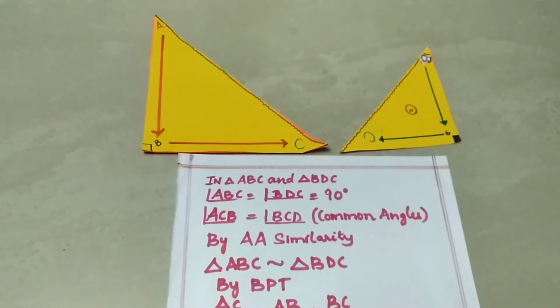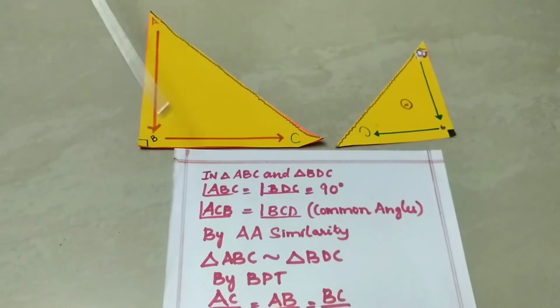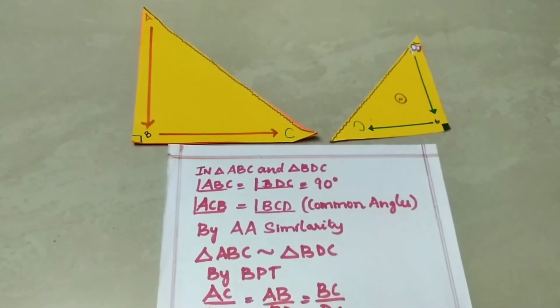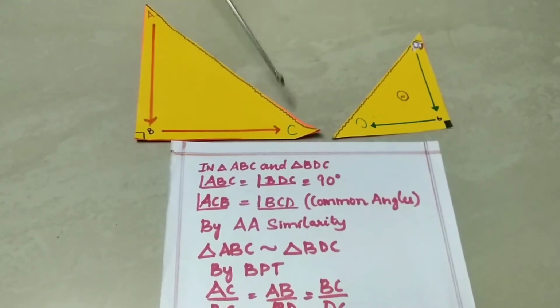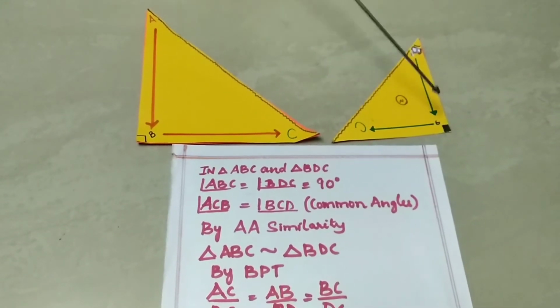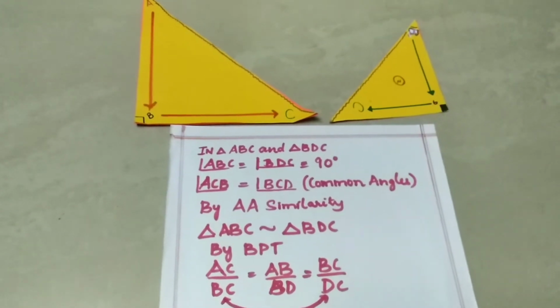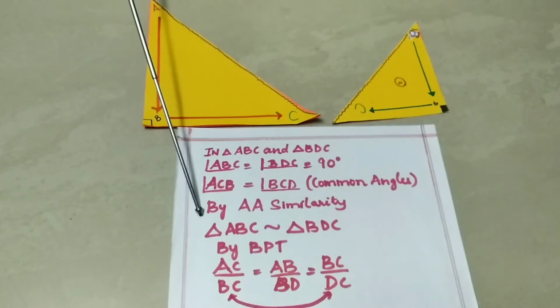So angle ACB is equal to angle BCD, which are common angles. By AA similarity, we can say that these two triangles are similar to each other.